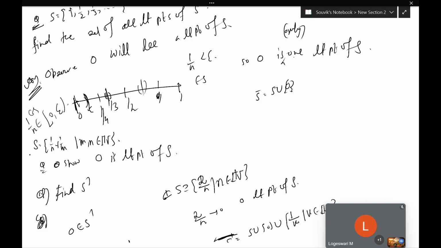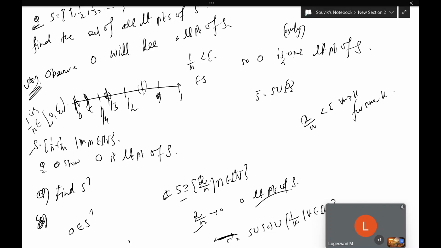Now consider the set S to be {1/n + 1/m}. We need to check that 0 is a limit point of this set. How to do that? Observe that this set S contains the sequence 2/n, and the sequence 2/n goes to 0, so 0 is a limit point. Why? Because for any epsilon neighborhood, 2/n is less than epsilon for all n greater than or equal to some k.